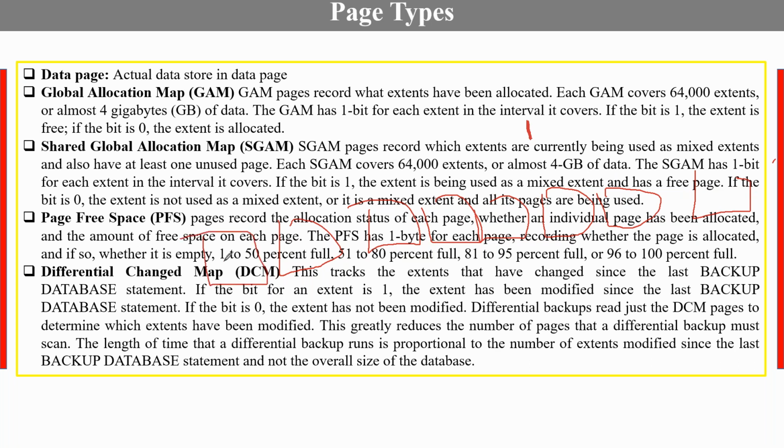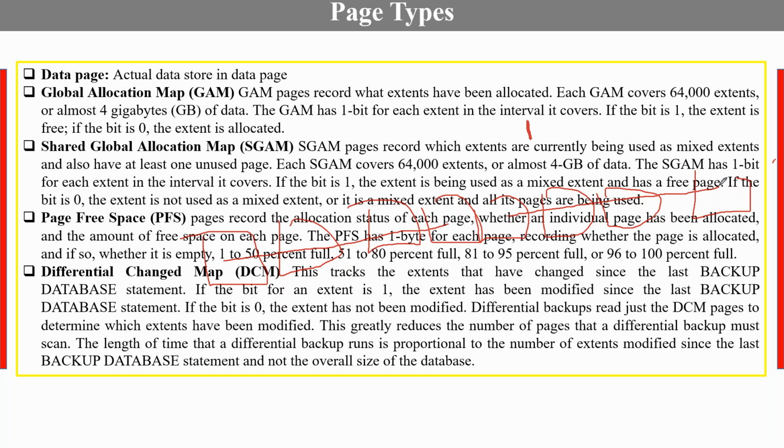Out of 8 pages, 4 pages have been consumed, 4 pages are free. That information is tracked by the SGAM. SGAM is tracking whatever extents you already allocated, whether those extents have any free pages or not.